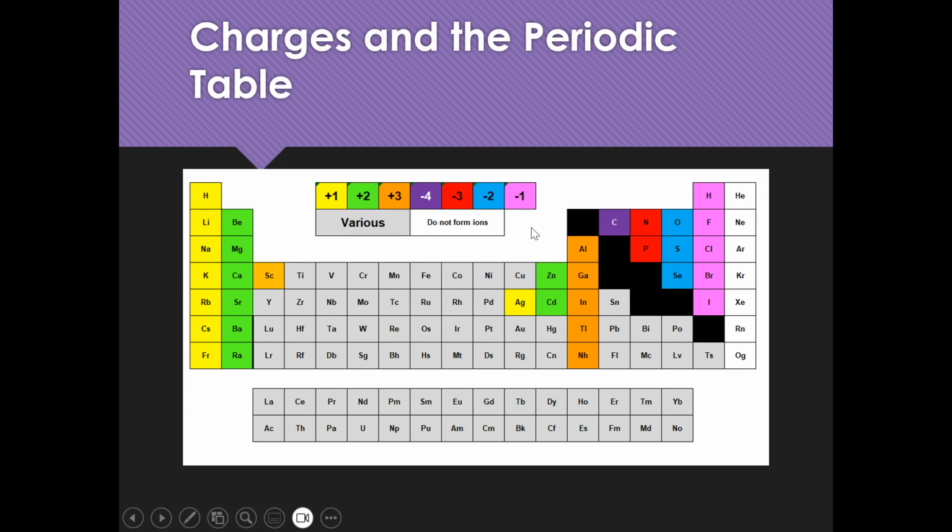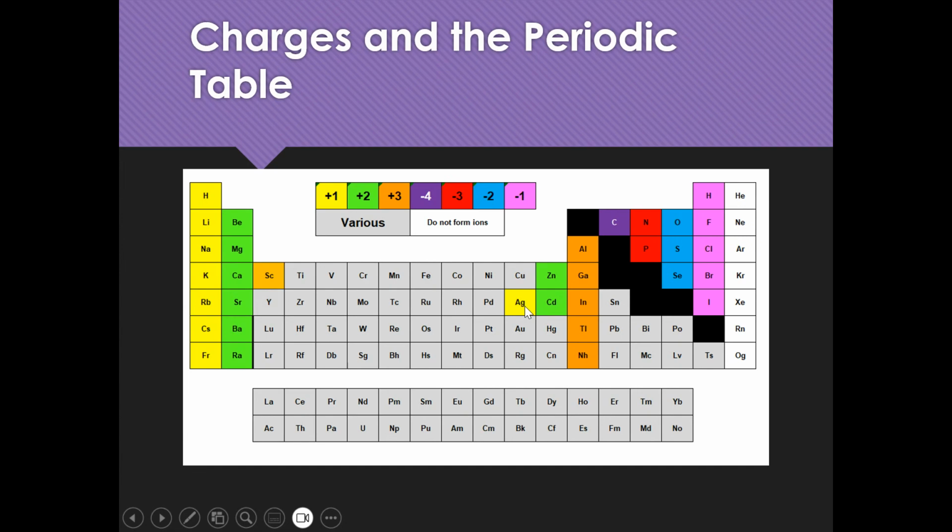There are also 4 other elements in the transition metals that have a distinctive charge, and that would be zinc and cadmium, which have a +2 charge. They would lose 2 electrons from their respective s shells to form +2 charges. Silver will lose just 1.